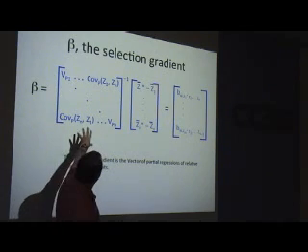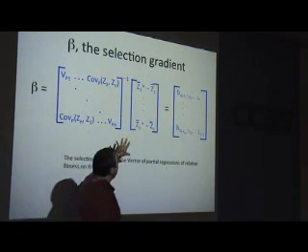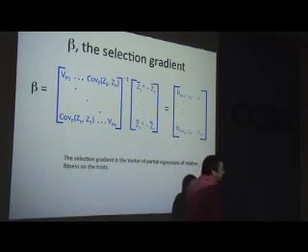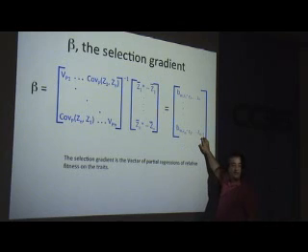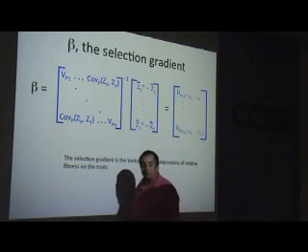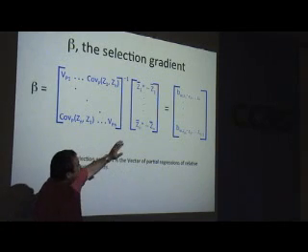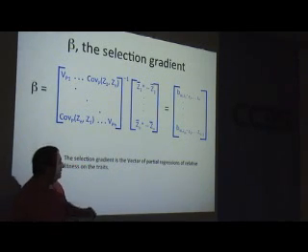What this gradient is, it is the vector of partial regressions of relative fitness on phenotype. So in this case, phenotype 1, holding phenotype 2 through n constant.